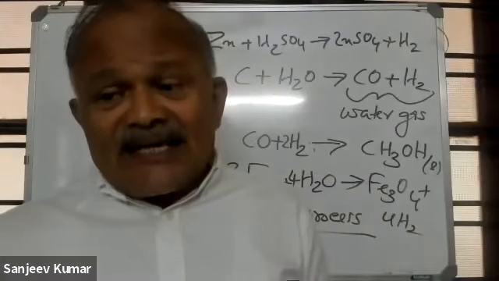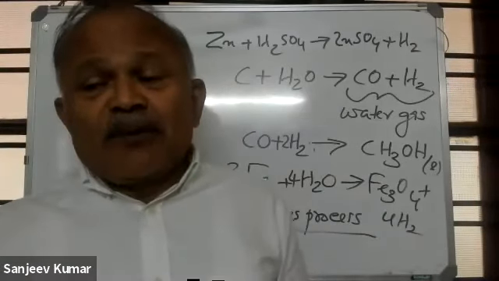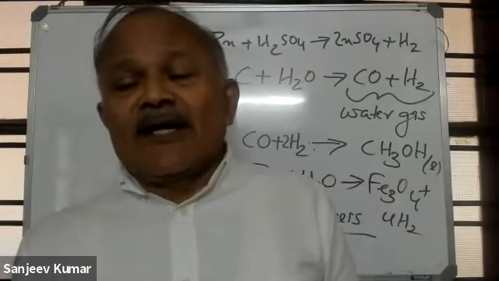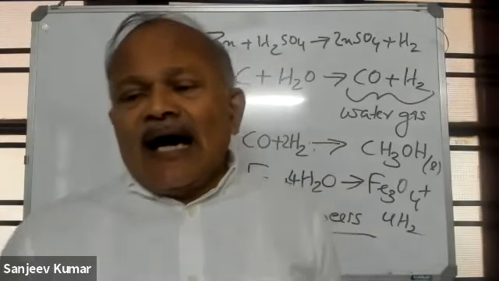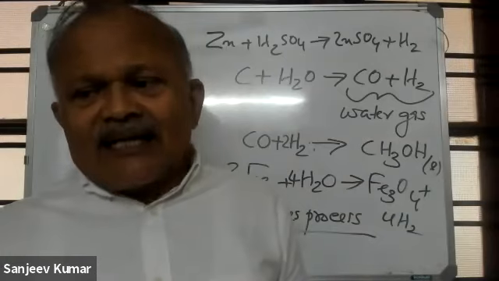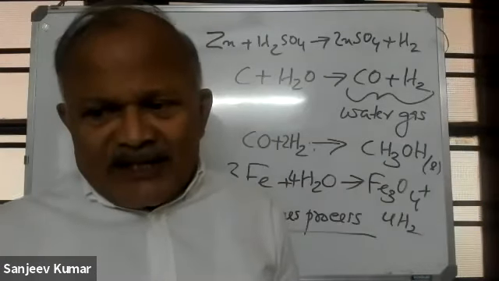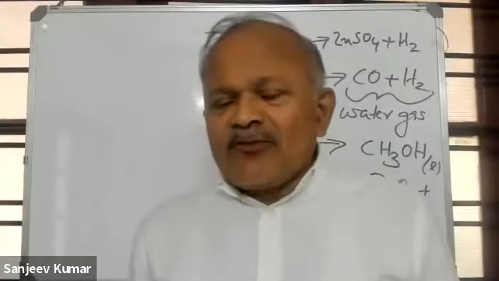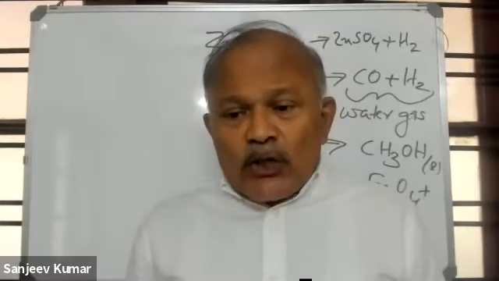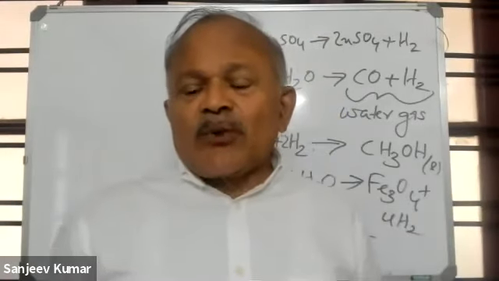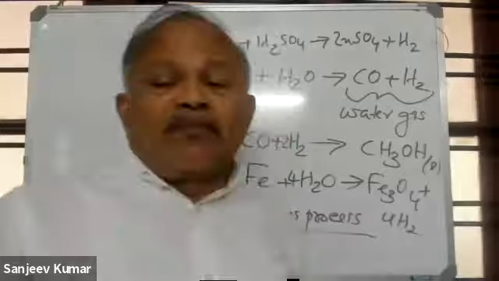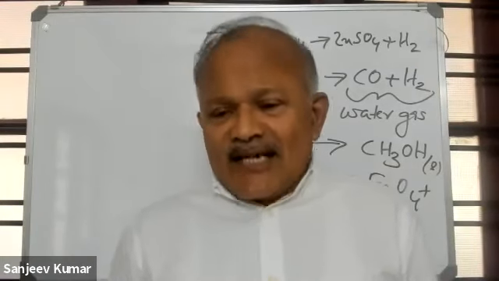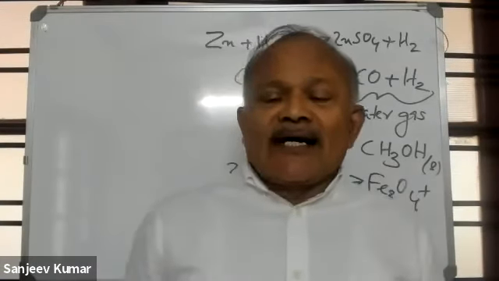But we can see that in the laboratory method of preparation, zinc plus sulfuric acid gives hydrogen. And alkali metals and alkaline earth metals, when treated with water, give hydrogen. And when steam is passed over red hot coke, or over hydrocarbon, methane, ethane, propane, etc., it can produce hydrogen.